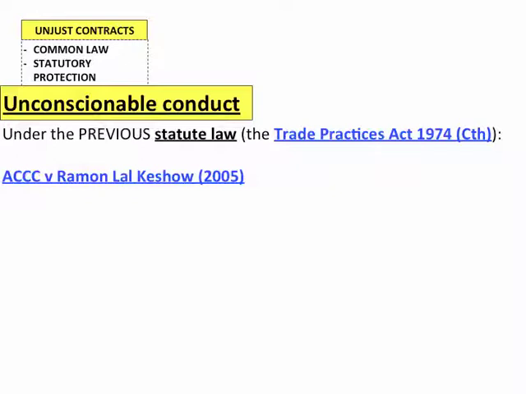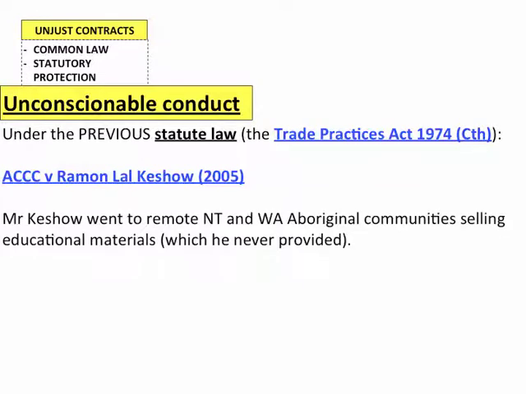Kesha. So Ramon was going around really remote townships, like little Aboriginal communities in the Northern Territory and Western Australia, and he was selling these educational materials, which he would take around, and he'd say, "Well, this is what you're buying," and he never provided them, right?